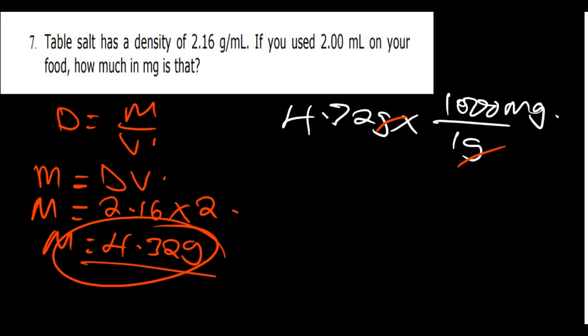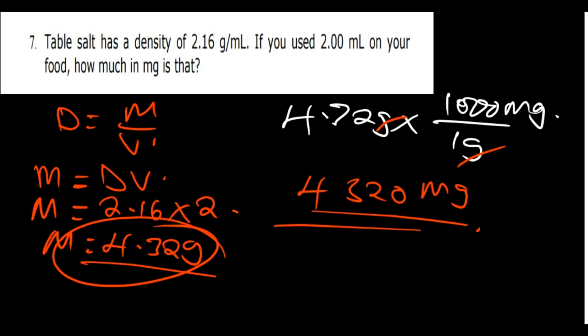So gram and gram will cancel. We're going to have 4.32 times 1,000, which gives 4,320 milligrams. So this was the mass which was used. Okay, so that is it for question 7.